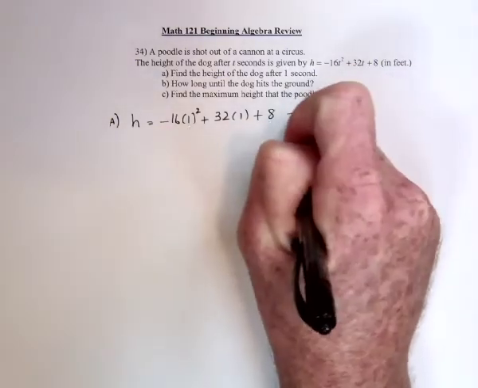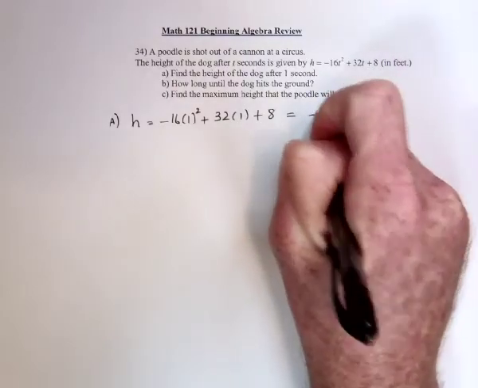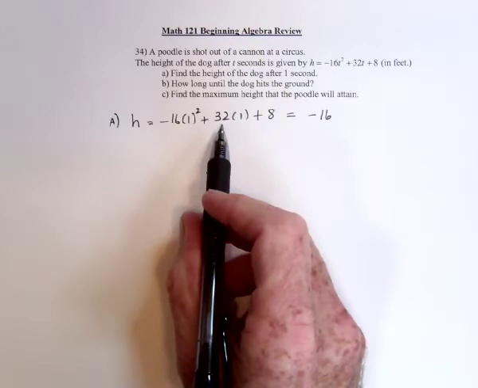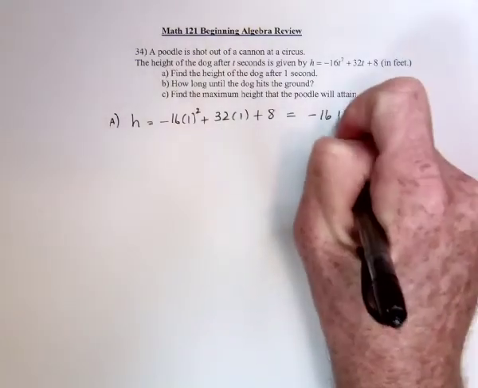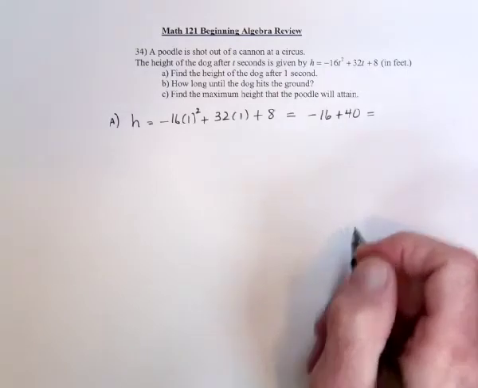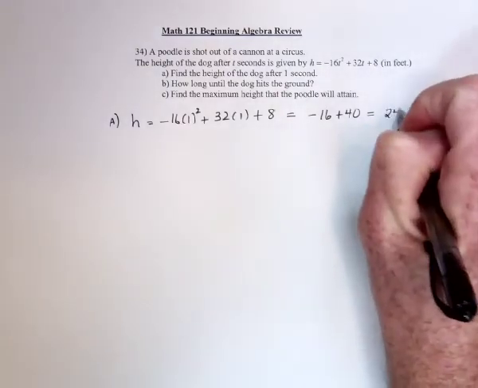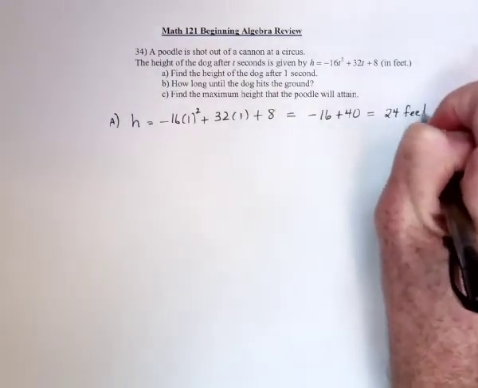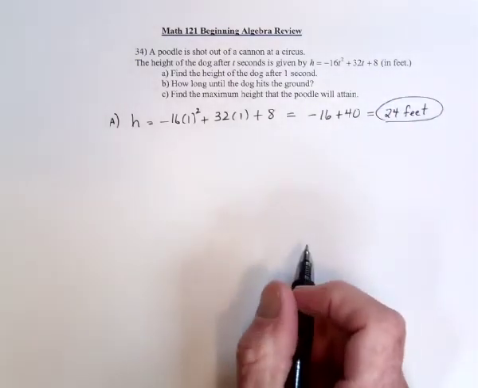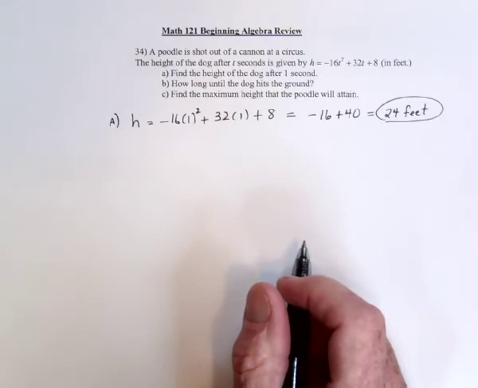So we've got negative 16. I could combine the 32 and the 8 to make 40, and then it's simply 40 minus 16, which is 24. So in other words, after 1 second, the little cute poodle is 24 feet in the air.